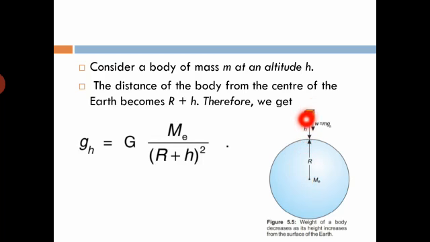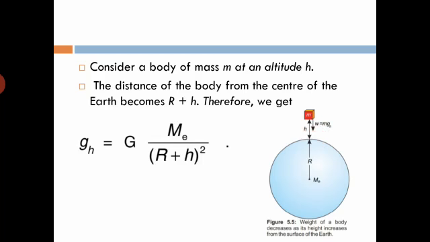This is the object which is placed on the surface of earth, and we have taken it to an altitude h, small h. Small h is the height from the surface of earth to the object, while the weight of the object is acting downward, or we can say towards the center of the earth, and is known as mg. h is the height and r is the radius.